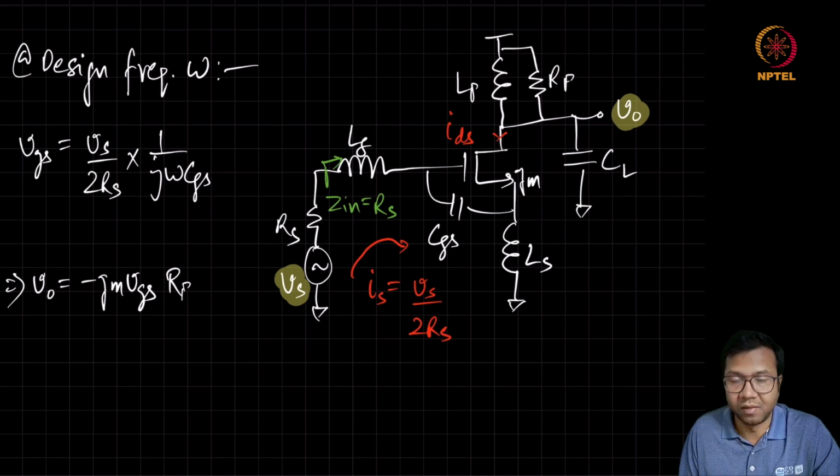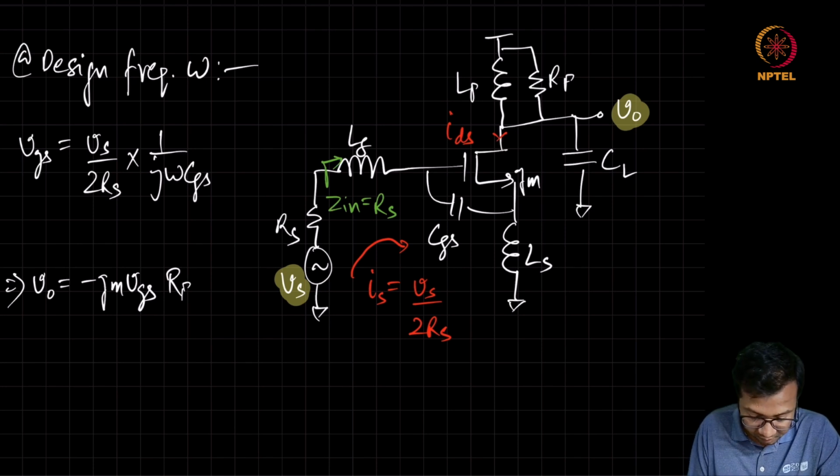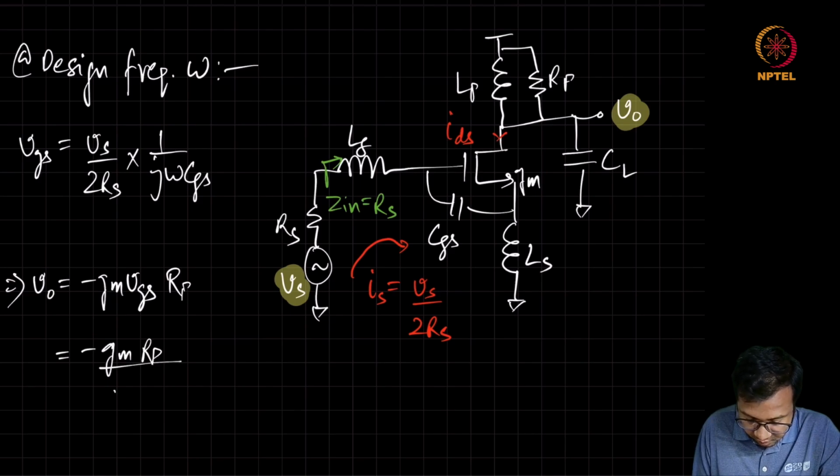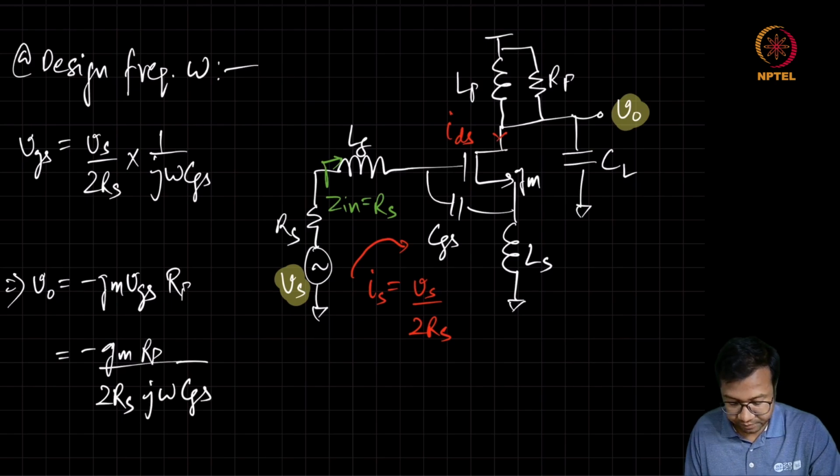The L and C are going to just resonate out. So it is going to be equal to minus GM RP divided by RS j omega CGS.